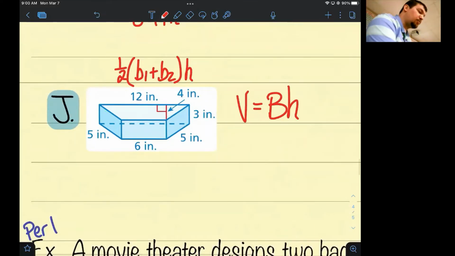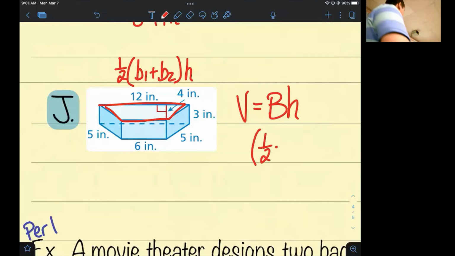The trapezoid we need to find the area of is the one right there on the top. So it's going to have, put this in parentheses, 1/2 times, add the bases together. Well, the bases are the two parallel sides of your trapezoid. That side right there and that side right there. So what do 12 and 6 add up to? 18.